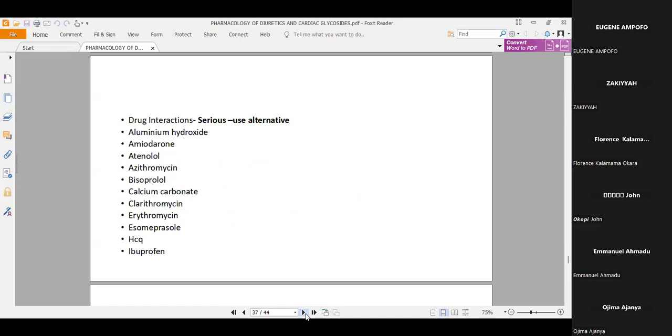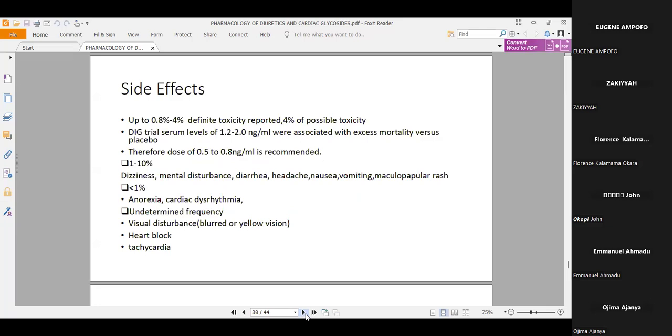For drug interactions, it interacts with amiodarone, atenolol, and bisoprolol, and therefore dose adjustment is needed when used in combination with these drugs. The side effects of digoxin include dizziness, mental disturbances, and GI disturbances like nausea, vomiting, diarrhea, and anorexia.